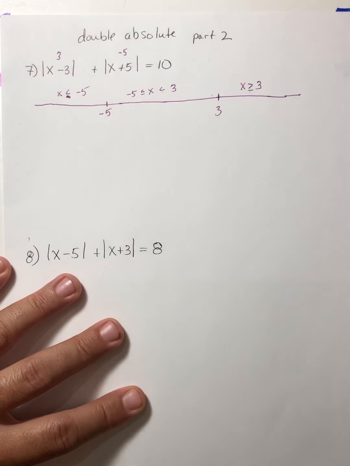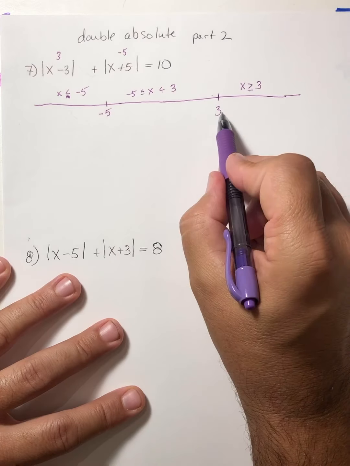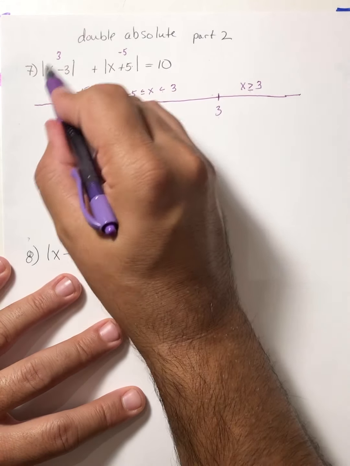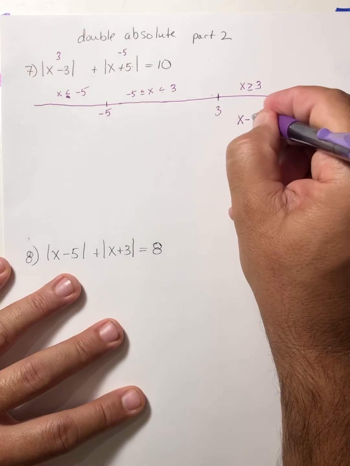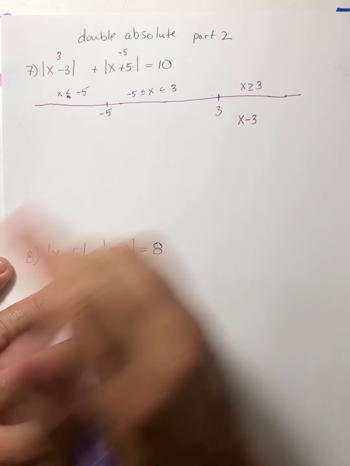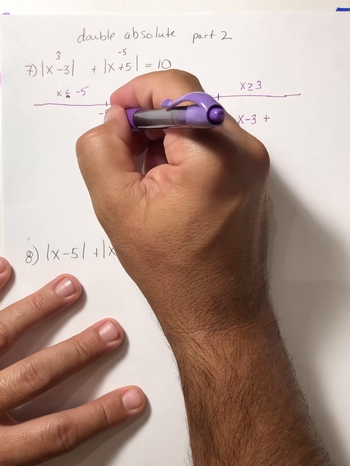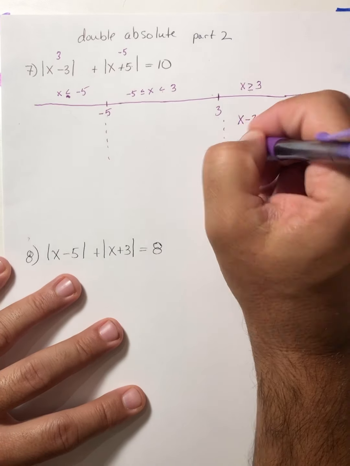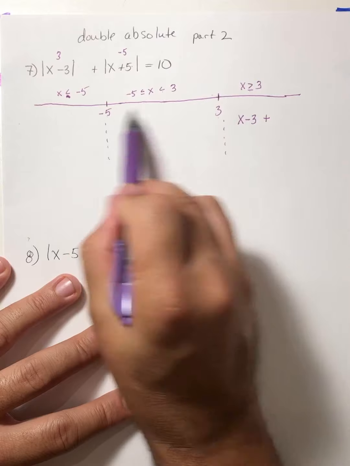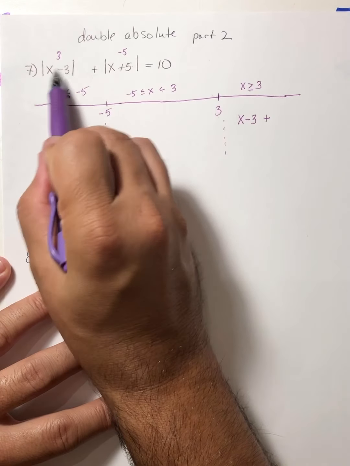So what does that mean? Well, to the right of 3, I only have one spot, and x minus 3 is a positive piece. Drop the absolute value, then I'll put my plus sign. To the left of 3, this x minus 3 is negative.